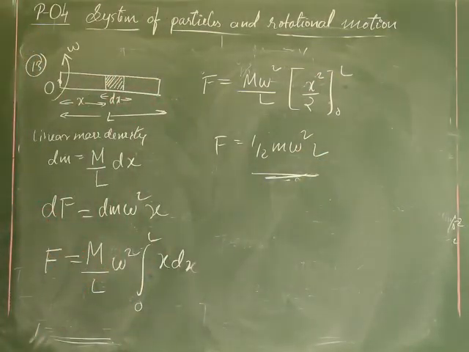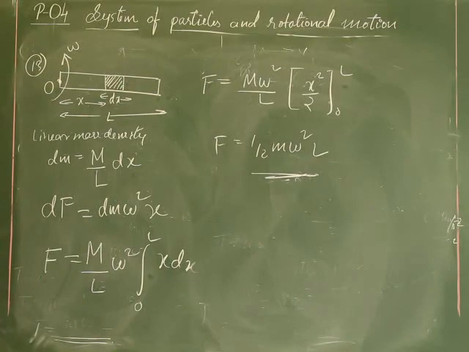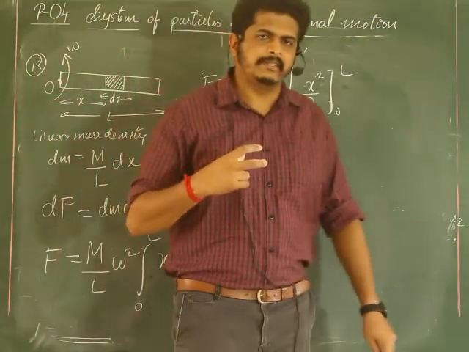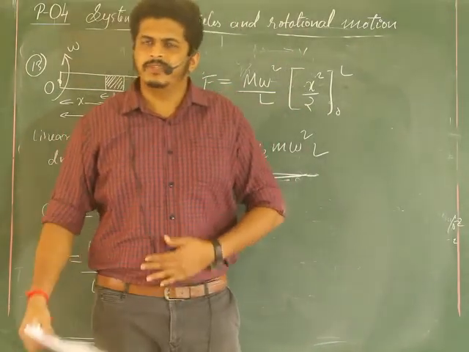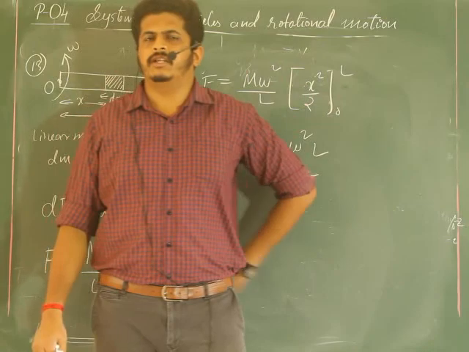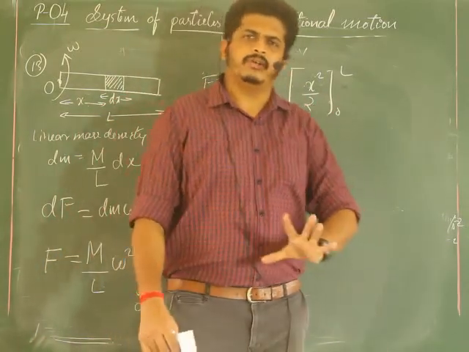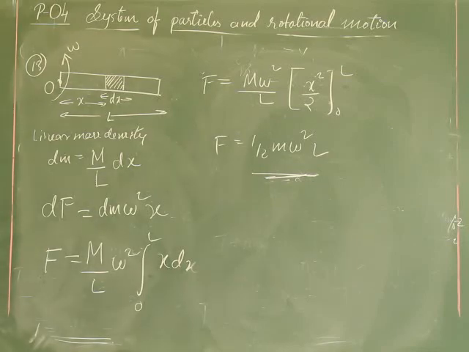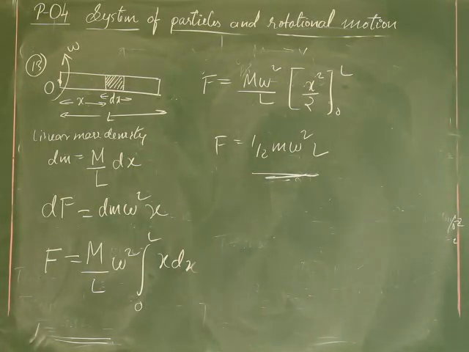So this is the answer. So the incompressible liquid is there inside that. So how much force that is exerting on the end of this particular column, we got to know. Yes, that is half m omega square L. So that is the answer now. So that is all about question number 13. Okay.